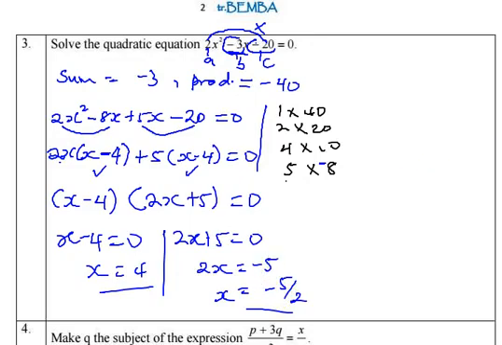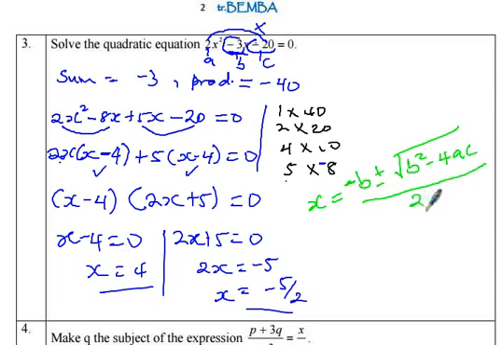But remember, we also said that we can use the formula where x equals minus b plus or minus the square root of b squared minus 4ac, and everything is divided by 2a. When you use this formula, simply substitute what b is, what a is, what c is, and then you solve. That is yours to enjoy.